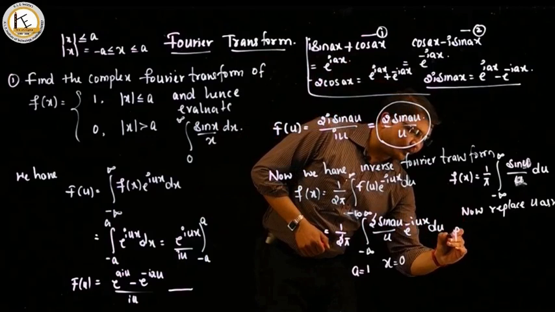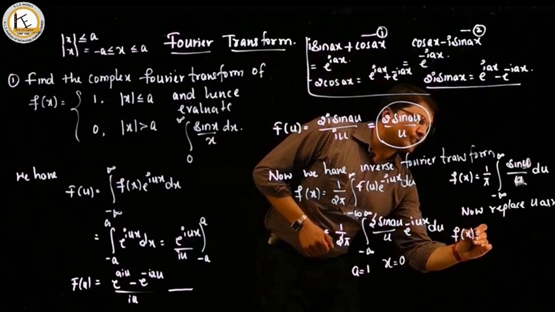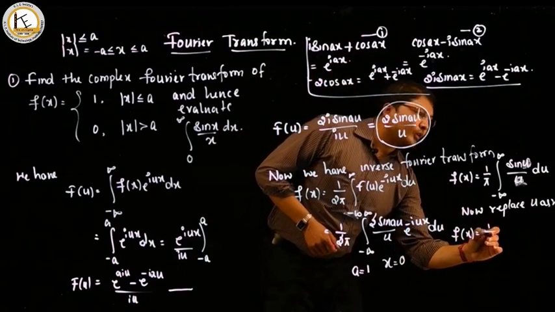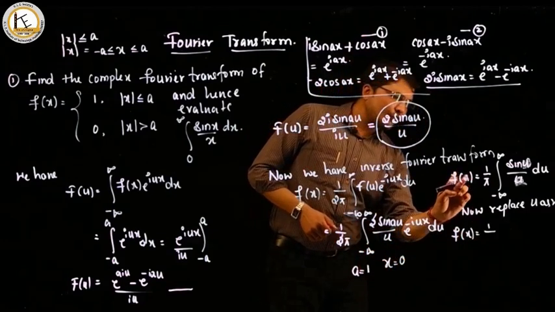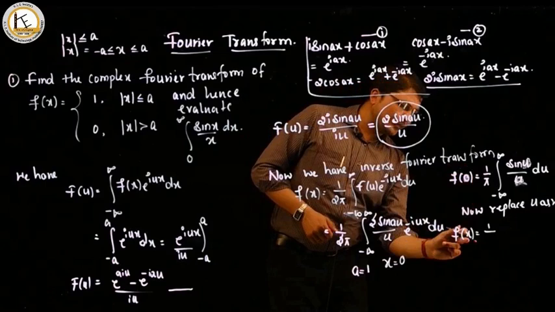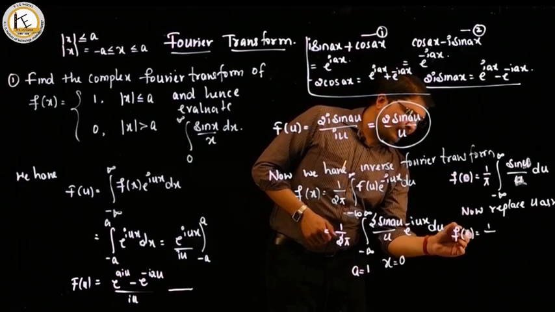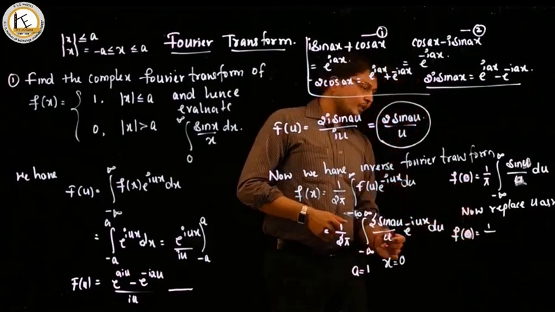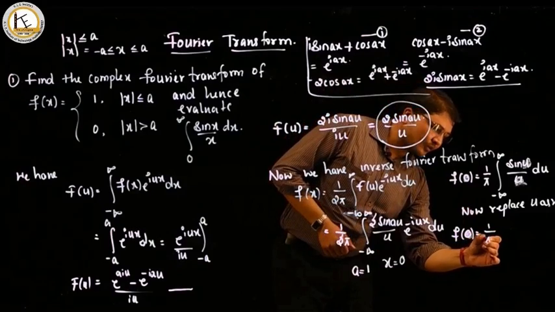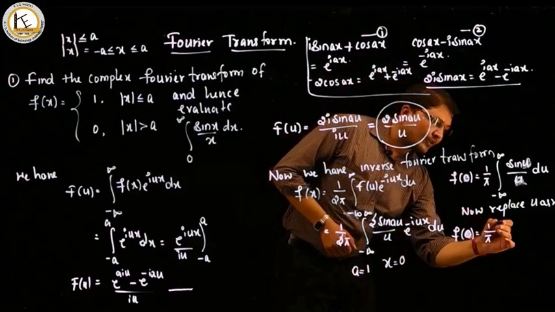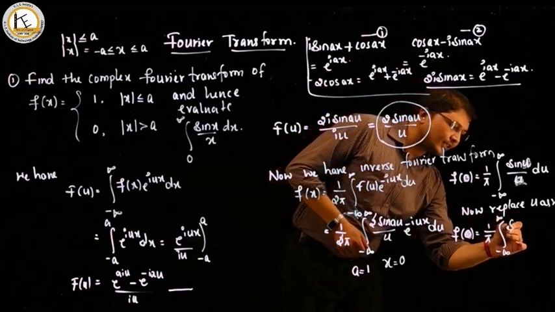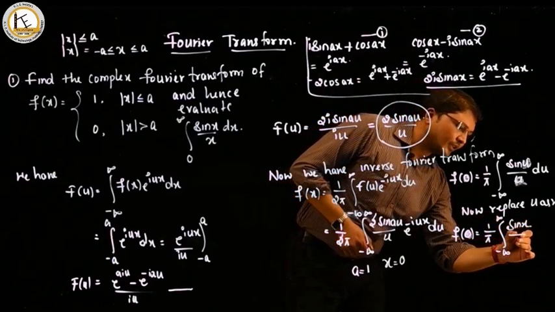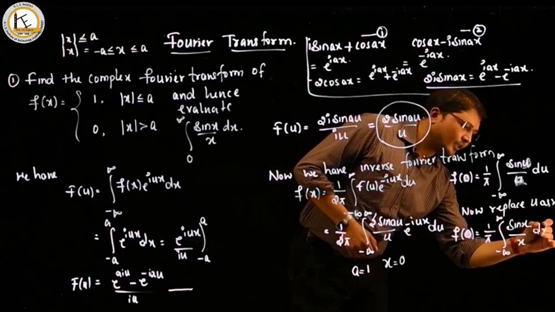So we have f of x equal to 1 upon pi, obviously here we have taken x equal to 0, so this f of x becomes 0 here, and here also it becomes 0. Therefore 1 upon pi, integral minus infinity to plus infinity, sin x by x with respect to x.